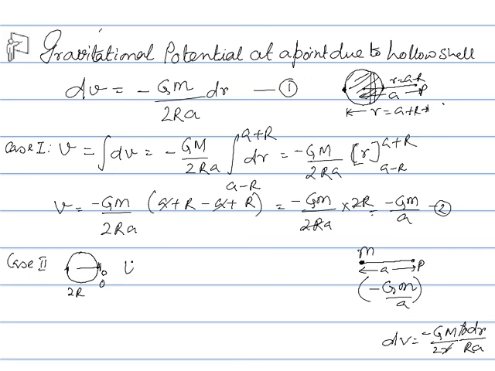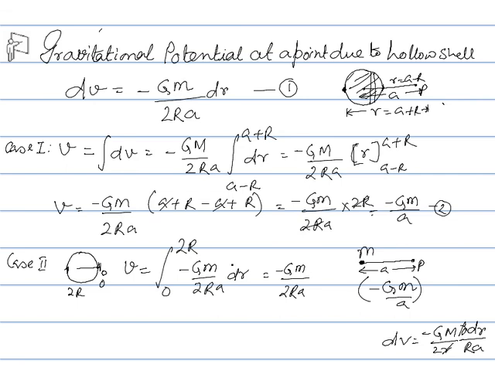So if we integrate the equation 1 from 0 to 2r, we get the total potential, Gm by 2ra dr. So that is equal to minus Gm by 2ra.